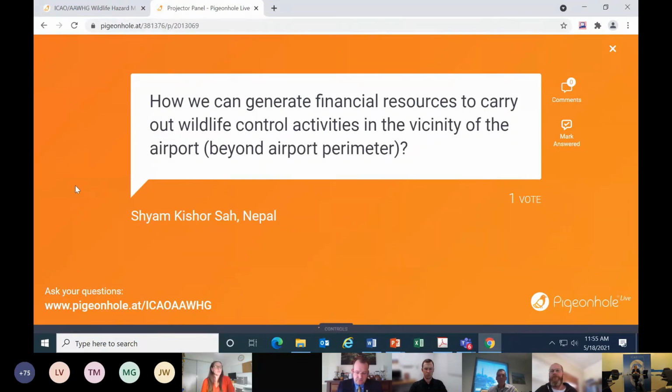We really push airports to engage with their off-airport land users, because two things happen from that. The risk is shared, and it's not solely an airport risk that they have to take on all on their own. When the risk is coming from beyond the airport perimeter, it's quite a burdensome risk to bear when you can't do much about it. So you're not only sharing the risk by working with the land users or the local governments, but there's also the possibility to share the costs of management as well.